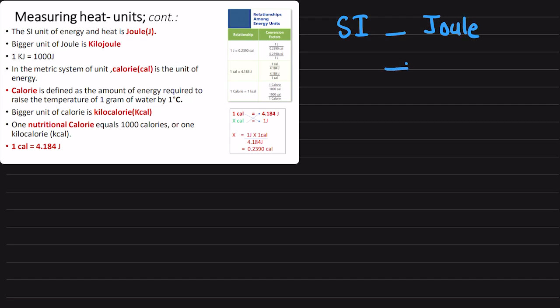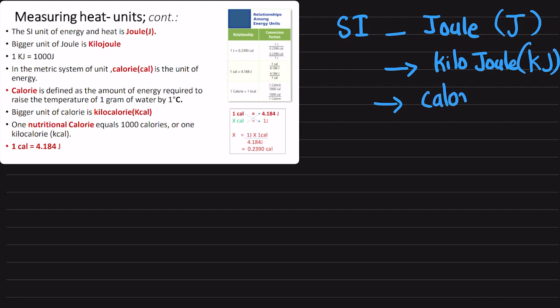Another unit of heat is kilojoule. The joule is represented by the letter J. Kilojoule is represented by kJ. Another unit is calorie, represented by cal.